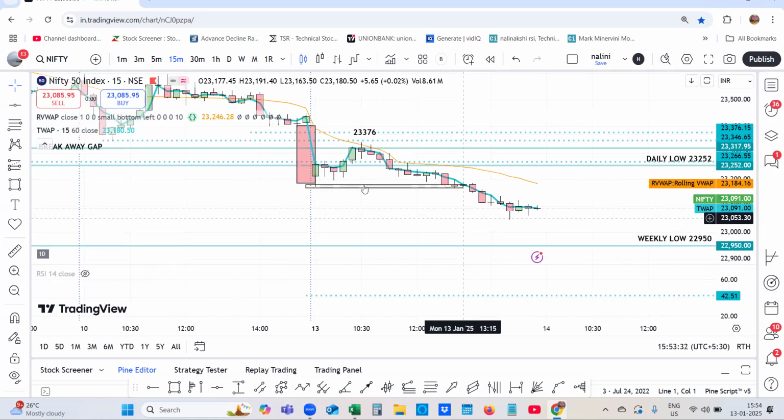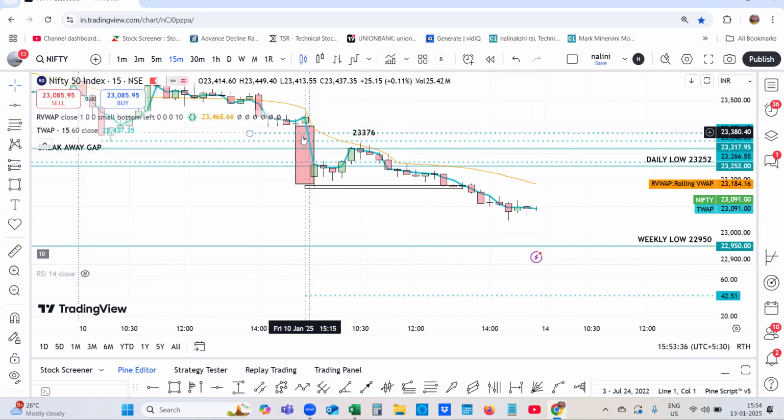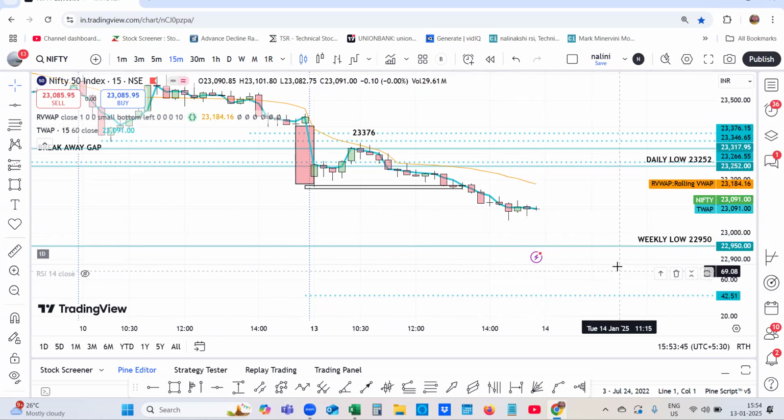So instead of retracing, it could have gone past also. Today it could have halted here, but it continued down and has come to 22,950.